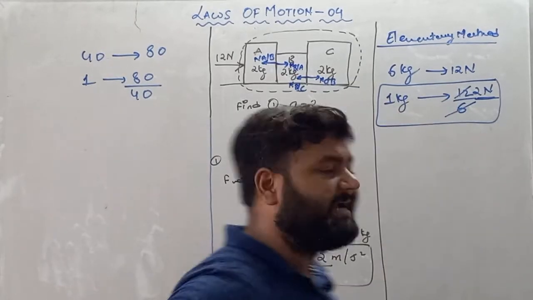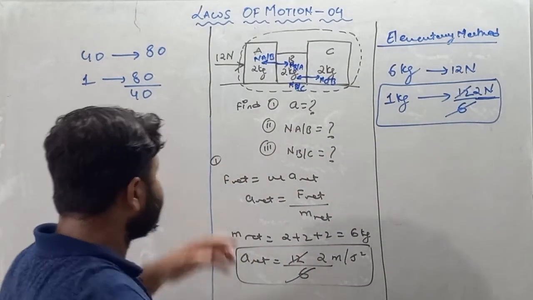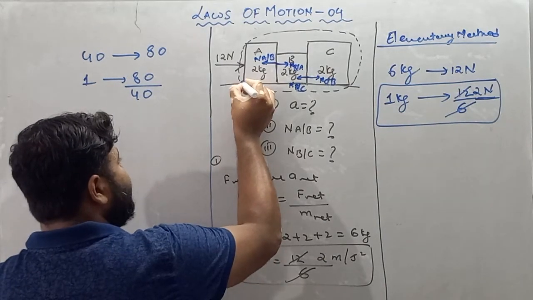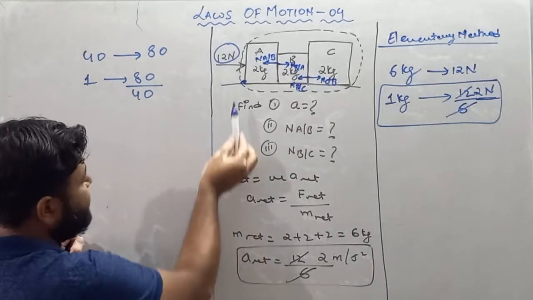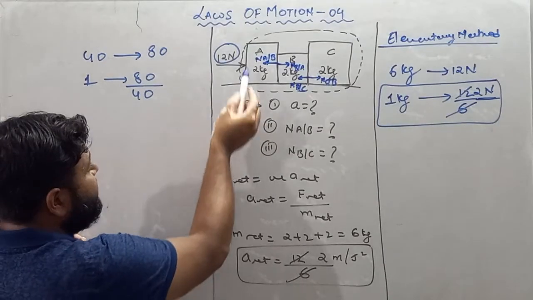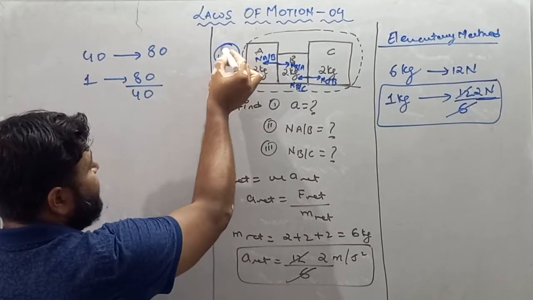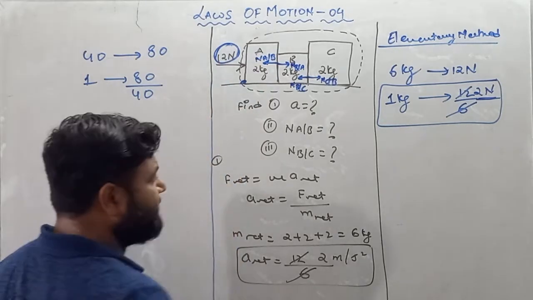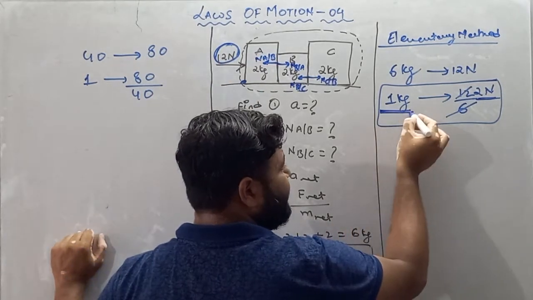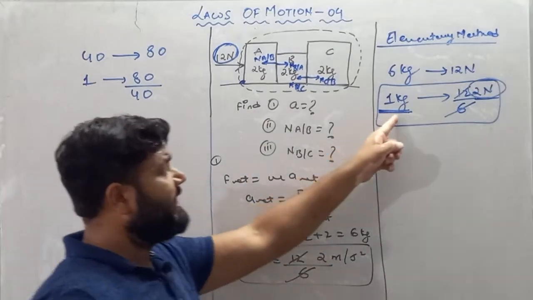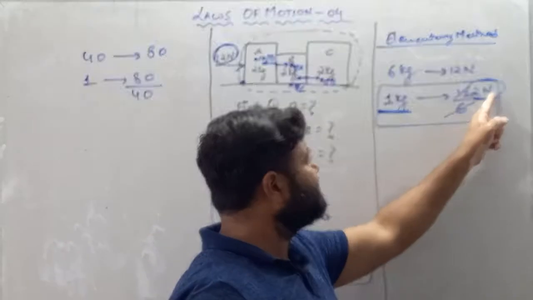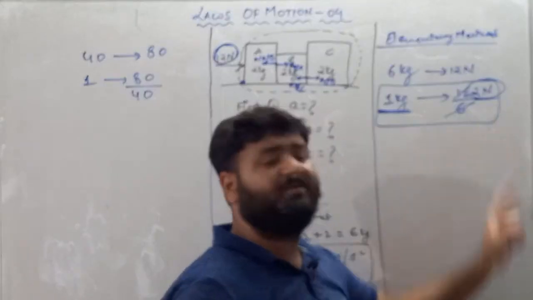Try to understand, this is basically a short trick. See, if you are here, then you have a force of 12 Newton. I am repeating once again, if you are here, the force you carry is 12 Newton. Now if you move 1 kg, 2 Newton force will disappear, or we can say after moving 1 kg, the force used is 2 Newton.